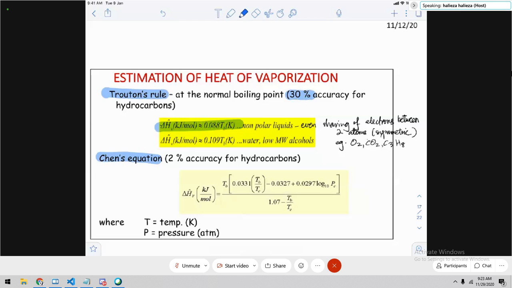The latent heat of vaporization for non-polar liquid. How to know whether it's polar or non-polar? Non-polar means the atoms in the chemical are symmetrical, they have even sharing of electrons.